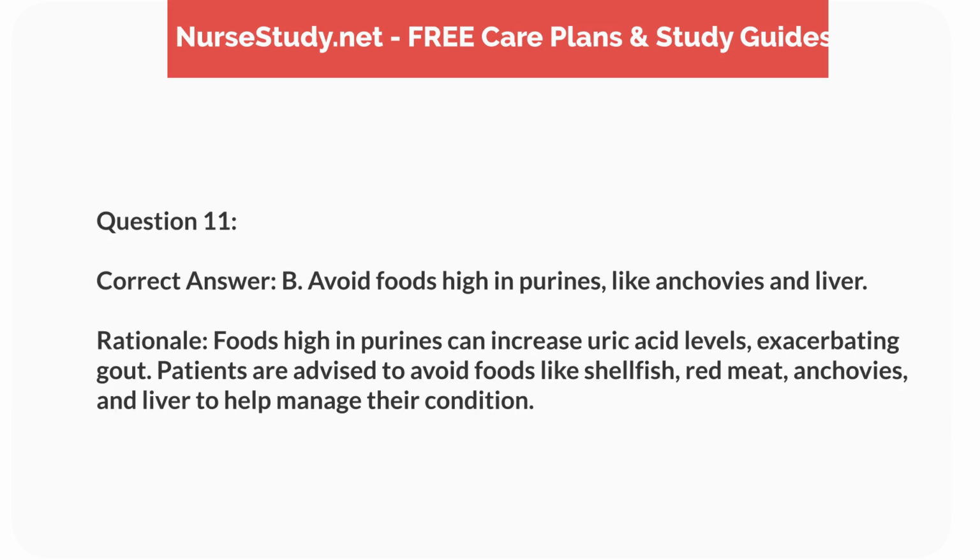Correct answer: B. Avoid foods high in purines, like anchovies and liver. Rationale: Foods high in purines can increase uric acid levels, exacerbating gout. Patients are advised to avoid foods like shellfish, red meat, anchovies, and liver to help manage their condition.